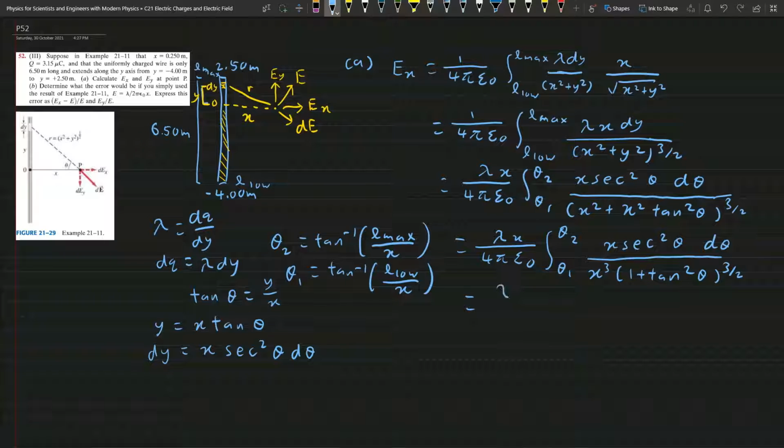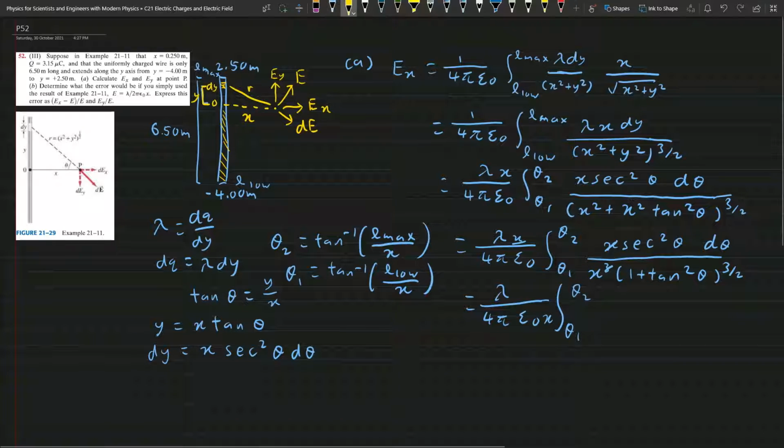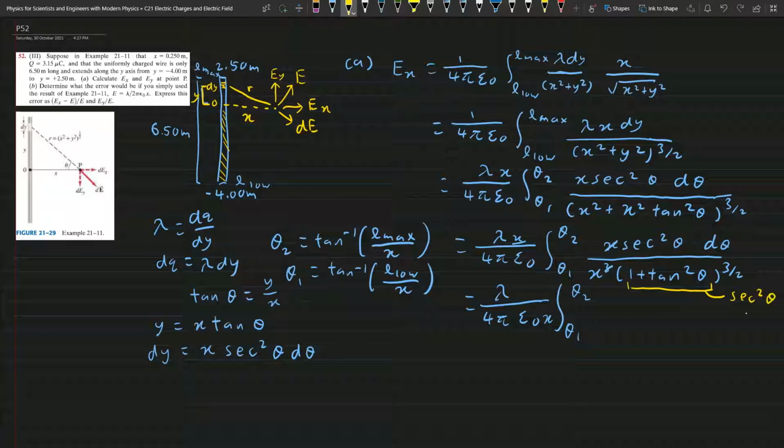So here we have x and epsilon. Here you see we can cancel this with this 2, so remaining the 1 x in the denominator, theta 1 and theta 2, and again this is given by sec square theta.